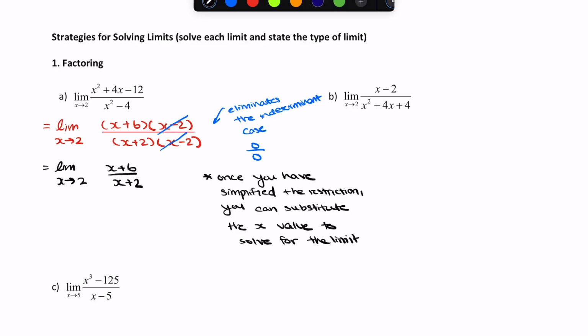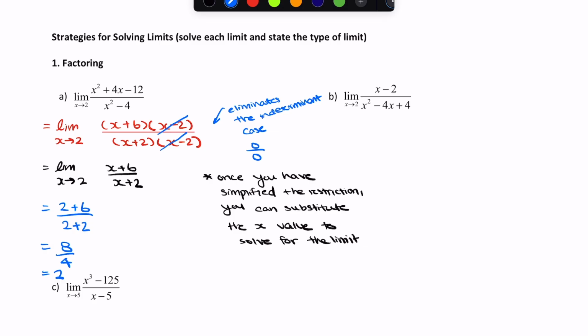So here we will just sub in our x value. It's 2, so 2 plus 6 over 2 plus 2, which is equal to 8 over 4, which will give you a value of 2.